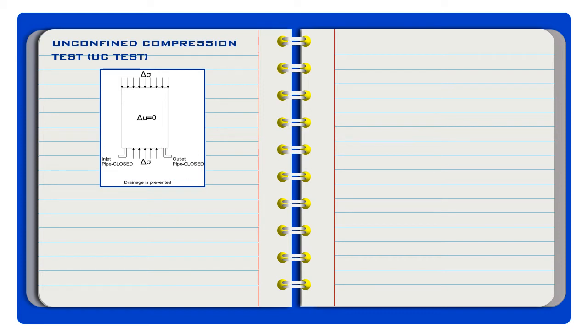So, we will have a change in pore water pressure during the test. Ngayon, after applying delta sigma, at a certain delta sigma or deviator stress na i-add natin, magpe-fail yung soil natin.